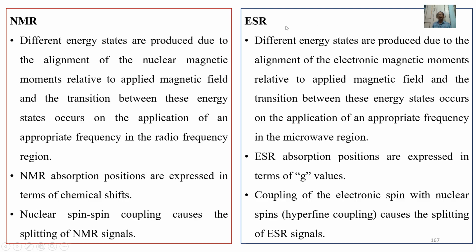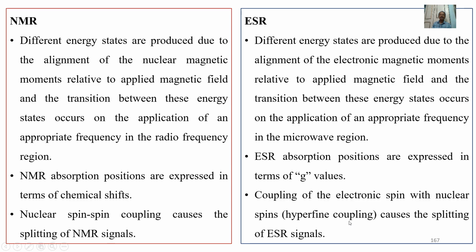And in ESR, the different energy states are produced due to the alignment of the electronic magnetic moments relative to the applied magnetic field, and the transition between these energy states occurs on the application of an appropriate frequency in the microwave region. ESR absorption positions are expressed in terms of g values, the Lande factor. Coupling of the electronic spin with the nuclear spins, which we call hyperfine coupling, causes the splitting of ESR signals.